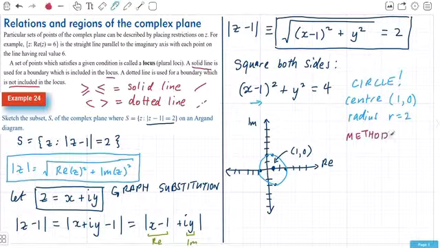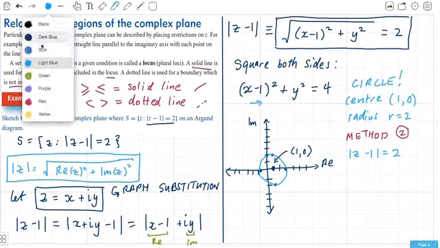So method 2. Method 2 actually looks at this graph, which is, and I'll do this in light blue, |z − 1| = 2. What this says to you is that you have a point, z, which is translated across 1.